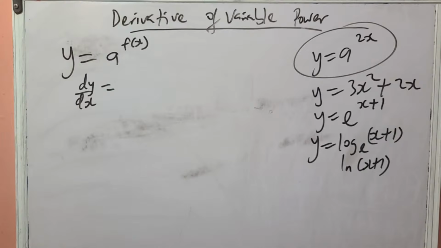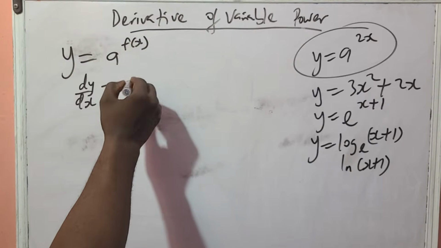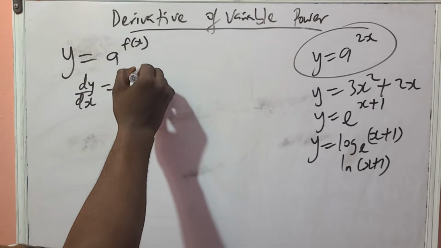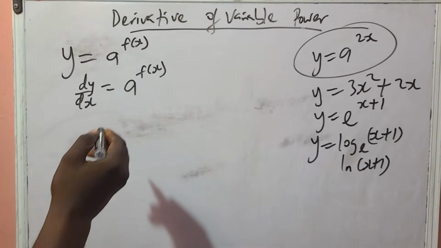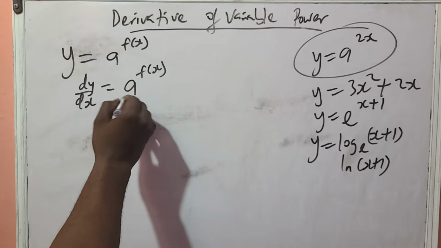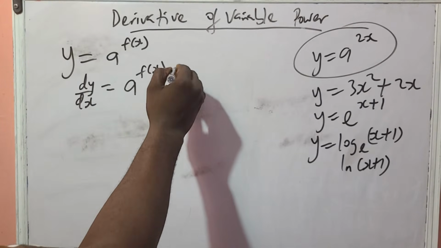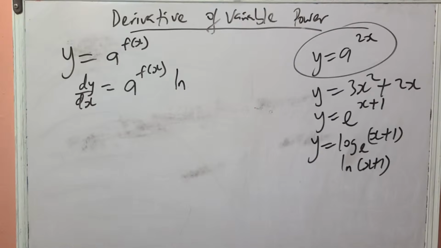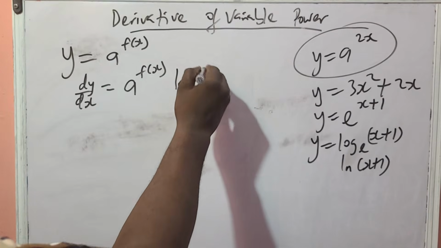Number one, write this function again. Just write it as a to the power f(x). Now, whatever you look at, this is a, the variable. Take the natural logarithm of that variable, ln a.